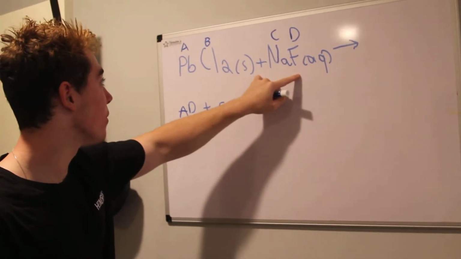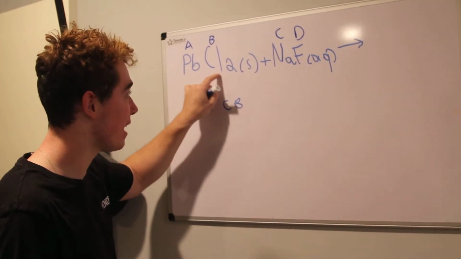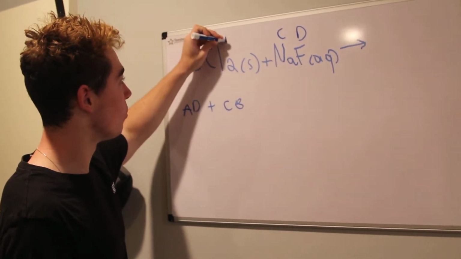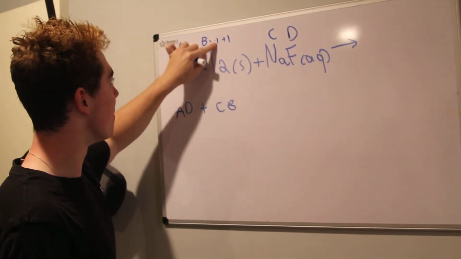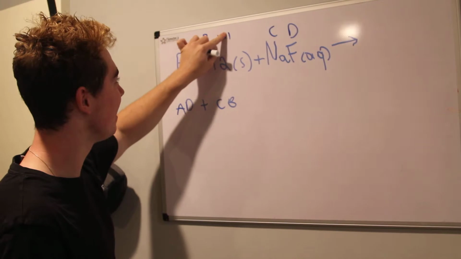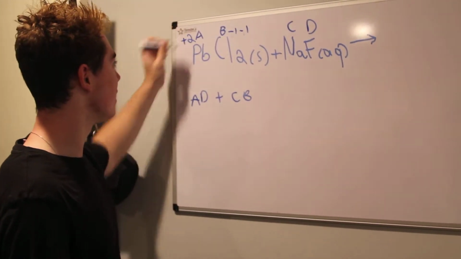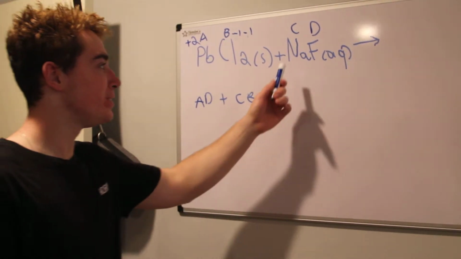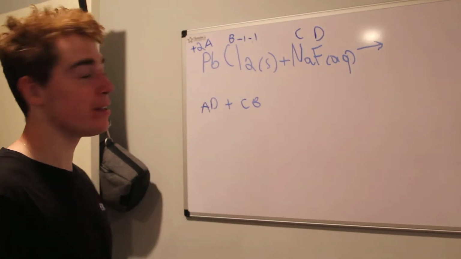Since the charge on lead is plus 2, because we need 2 chlorines to balance it out, each chloride is minus 1 and the lead is plus 2. Therefore, we need 2 fluorines to balance out the lead.